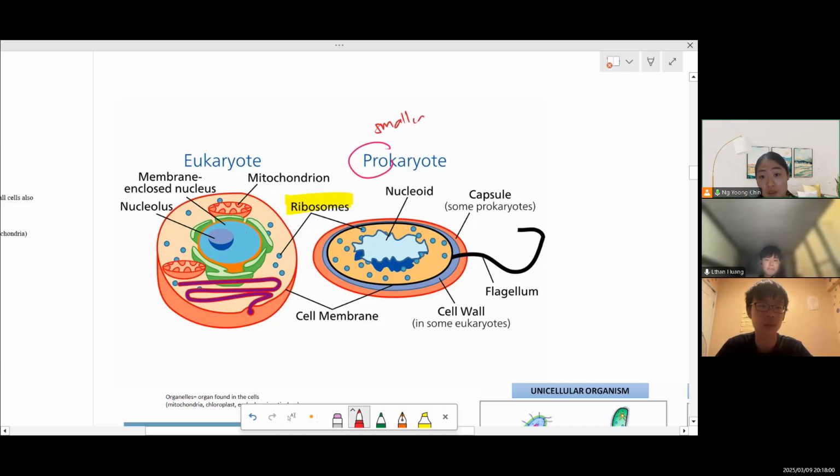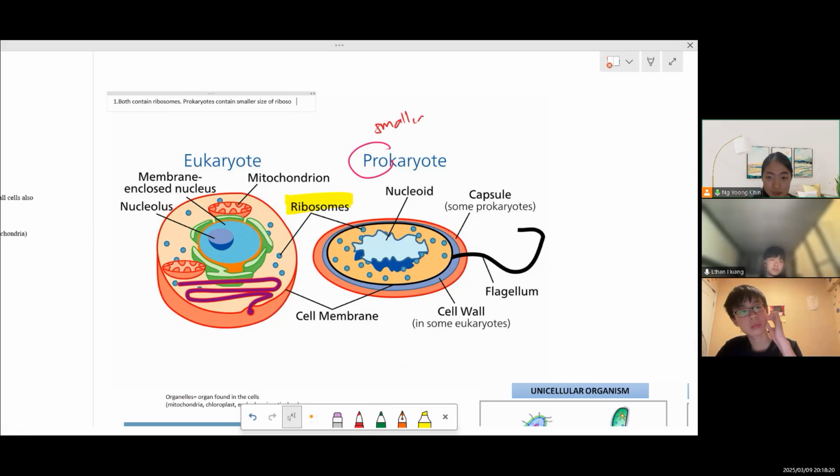Maybe I'll type it out better. The similarity: both contain ribosome, just that the prokaryote cell contains a smaller size of ribosome, and the eukaryote cell contains a larger size of ribosome.